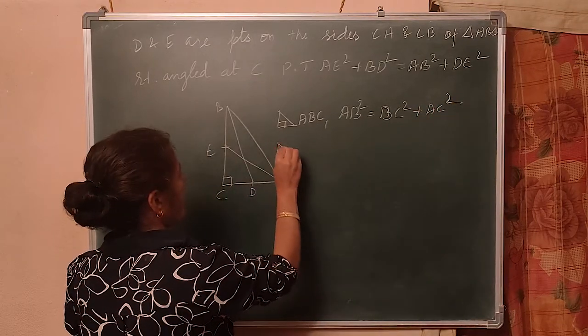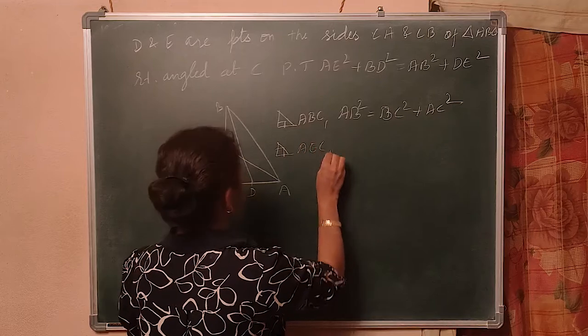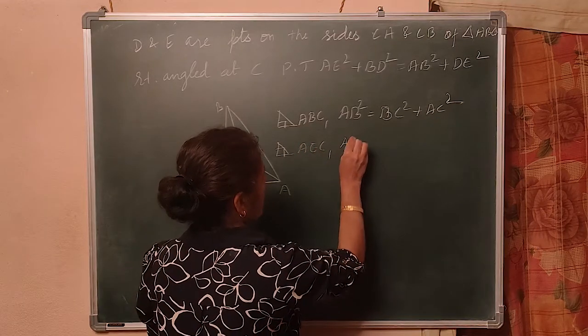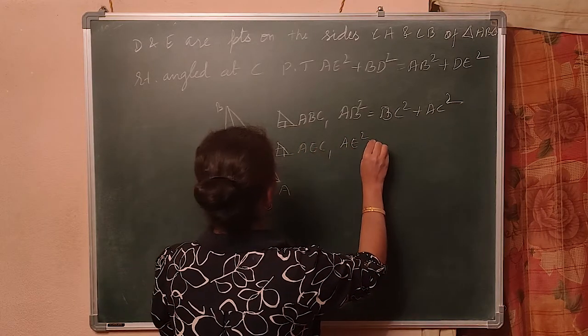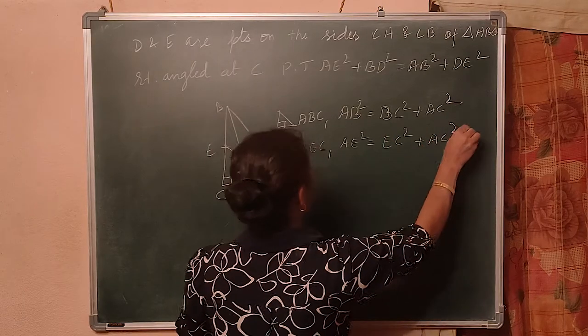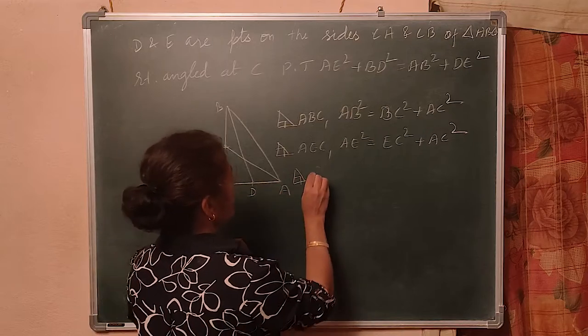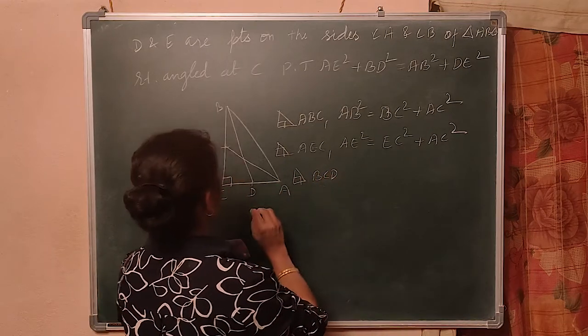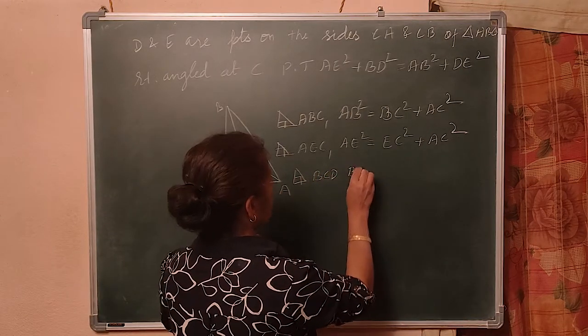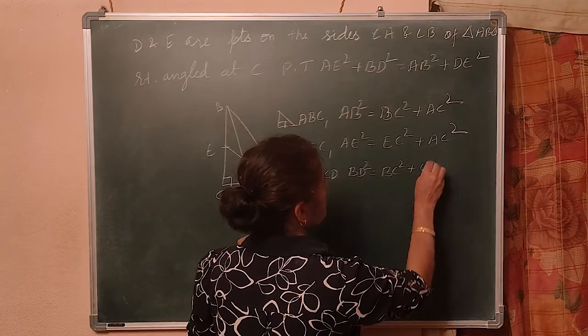Next, in right angle triangle AEC, AE square is equal to EC square plus AC square. Next, in right angle triangle BCD, BD square is equal to BC square plus CD square.